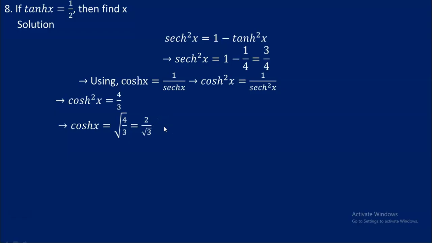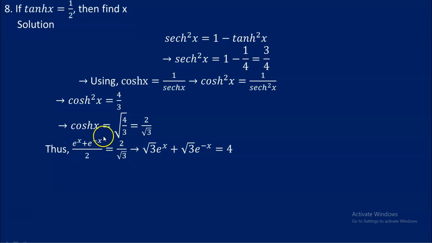And we knew what cosh of x is from the definition. Cosh of x, as you know, is e to the power of x plus e to the power of minus x over 2. By definition, cosh of x was defined this way. And you have been given here that this cosh x is 2 over radical 3. So you would just simply take 2 over radical 3 as it is. What is our intention?